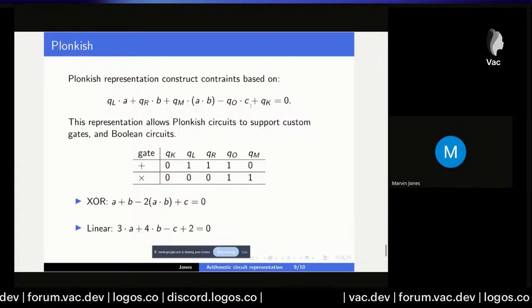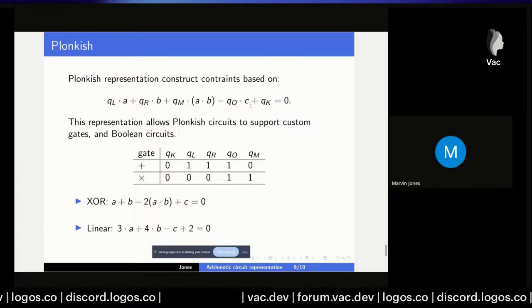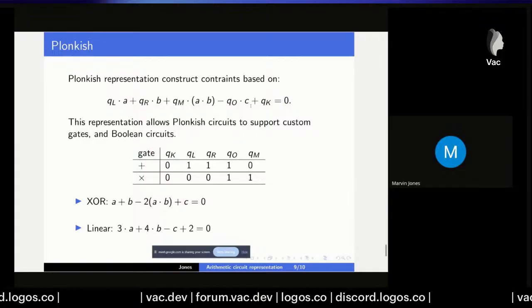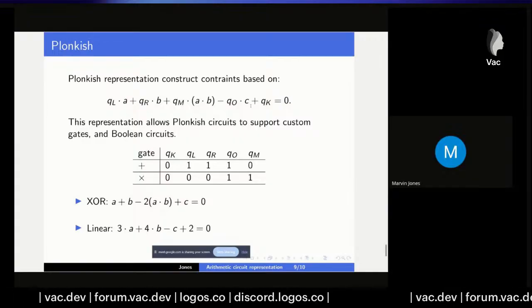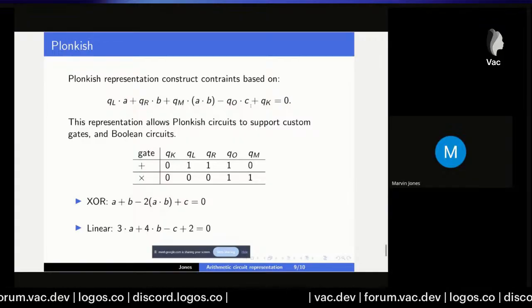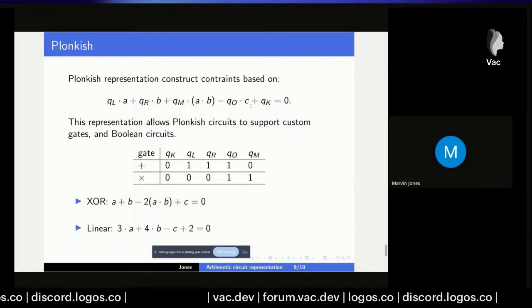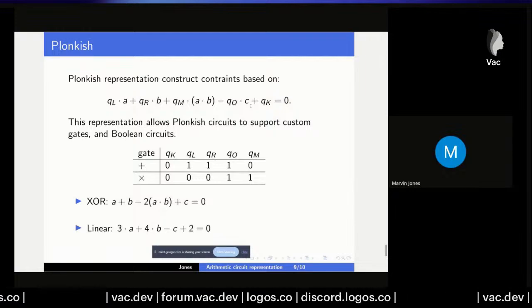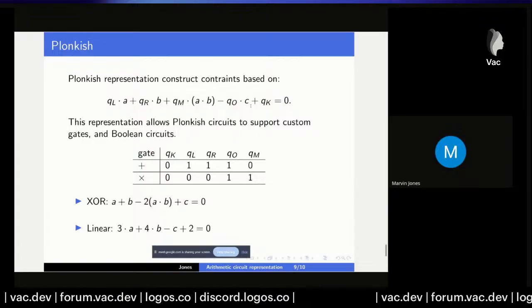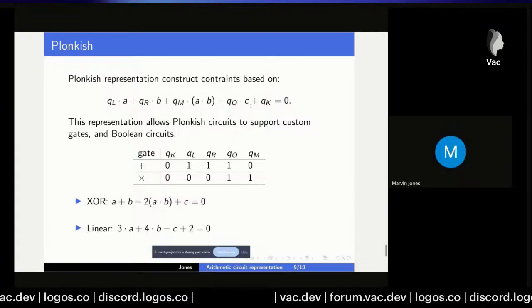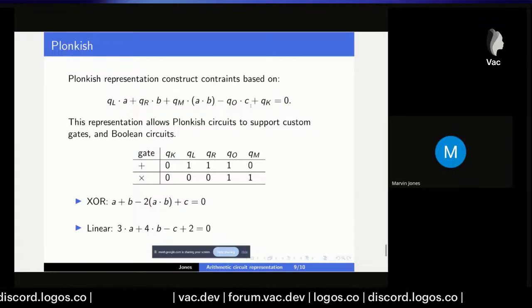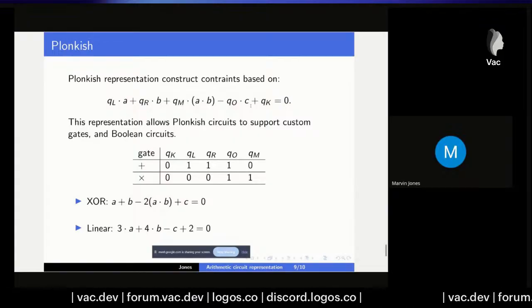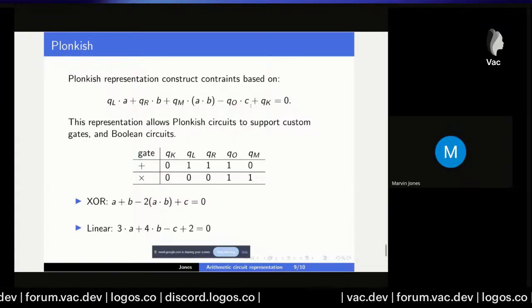Plonkish is used by, obviously, Plonk, as I mentioned, and Halo 2. I believe Plonky 2 does not use it. Plonky 2 is one of those ones I've looked into, but not well enough to have it off the top of my head. Let's see, it uses FRI. I think it does use Plonkish circuits, but I'm not going to swear to that.